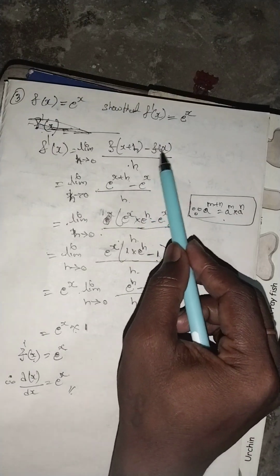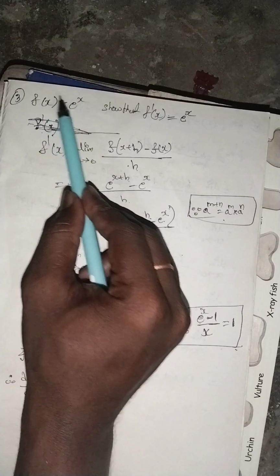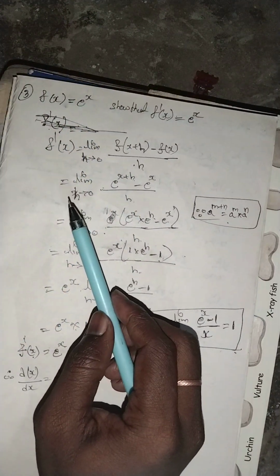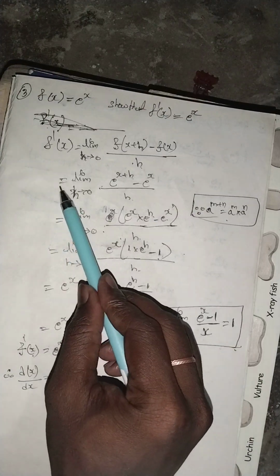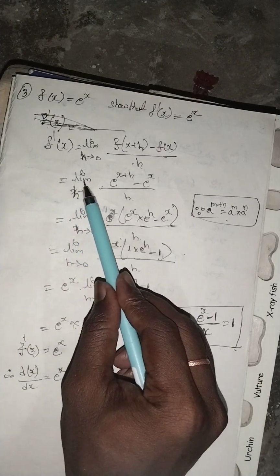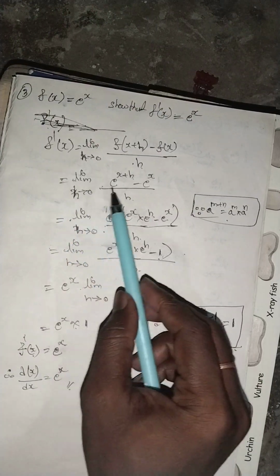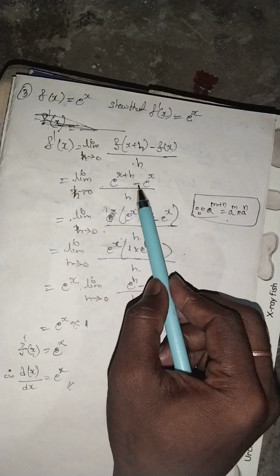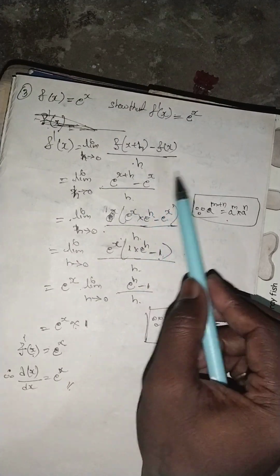Why? Because f of x equal to e to the power of x. So f dash of x equal to limit h tends to 0 e to the power of x plus h minus e to the power of x by h.